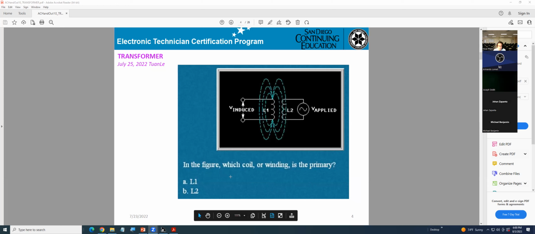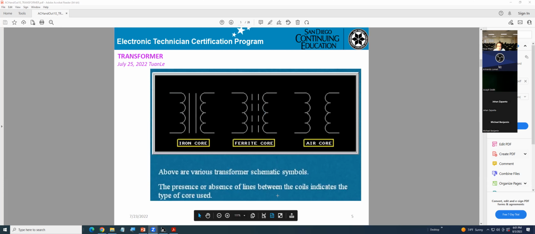Okay, in the figure, which coil winding is primary? That's easy. If you see where you apply the voltage, that's the primary. So that will be the primary, L2, and L1 will be the secondary. And here they just give you the different types of transformers.